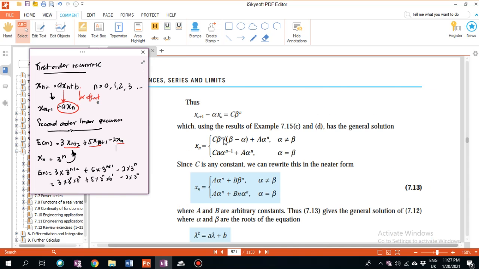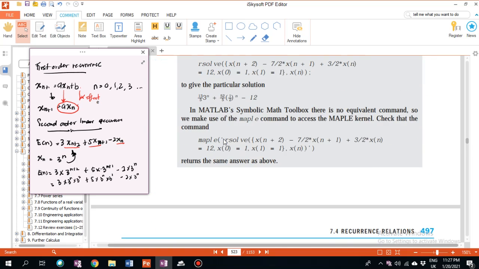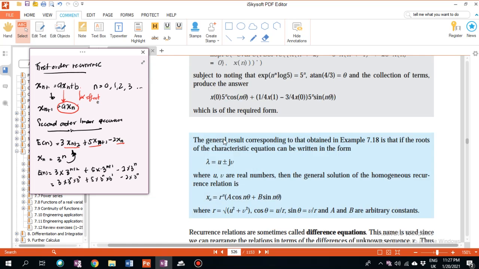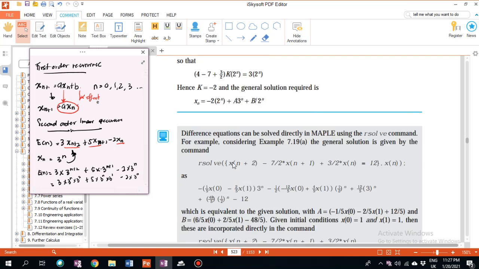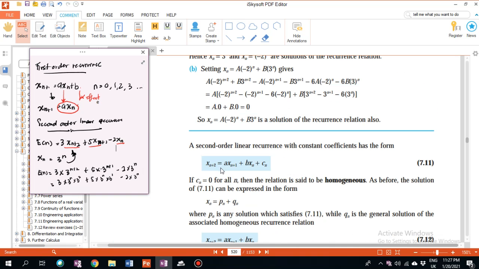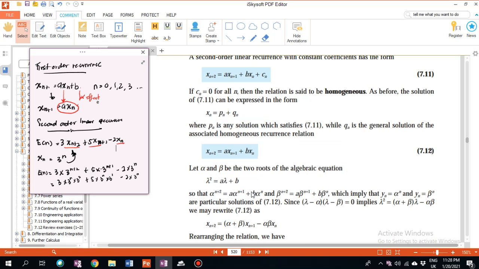In summary, first order and second order recurrence are affected by the rest. This is a summary of second order recurrence. The first one is affected, the second one is affected, the third one is also affected. If c_n is equal to 0 for all n, we call it homogeneous.